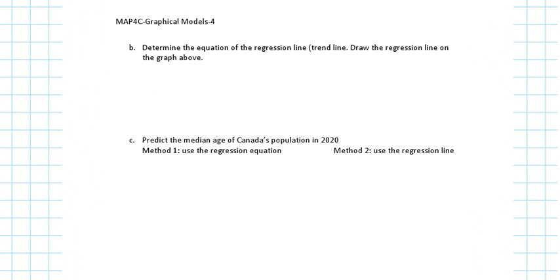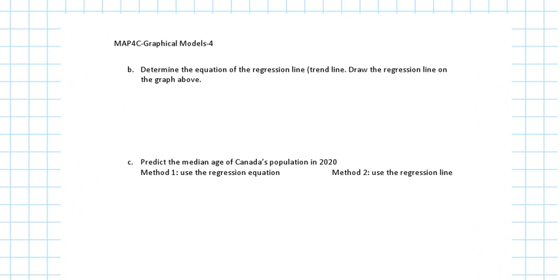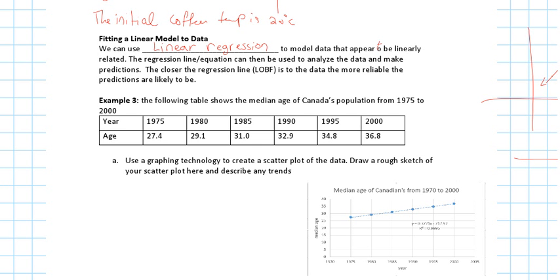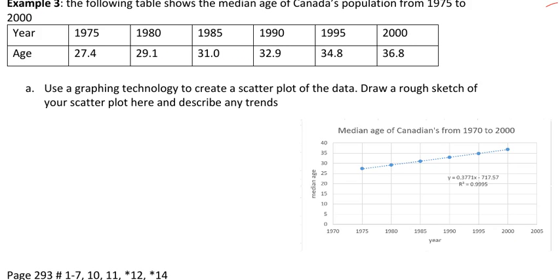Determine the equation of the regression line or the trend line, which we already did. What was the equation? Do you remember? Y equals... Remember this. Write this down, guys. Write it down so you can give it to me.